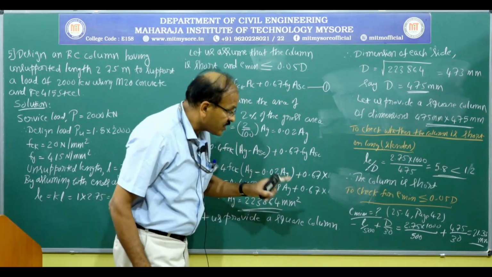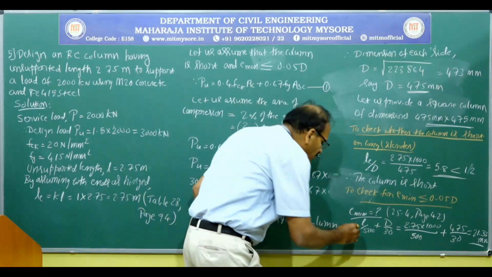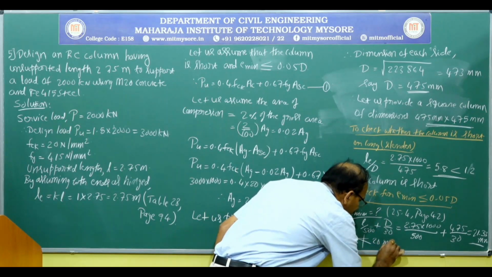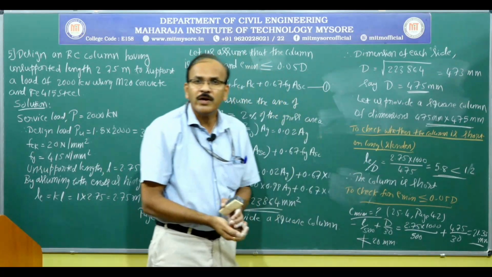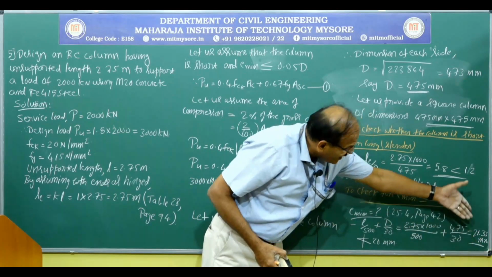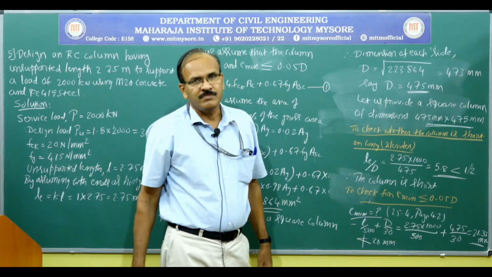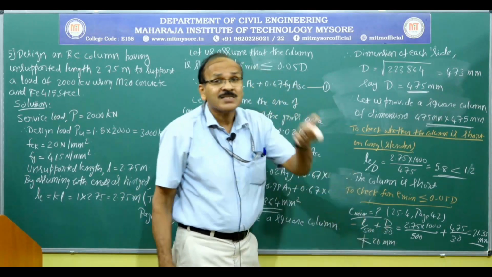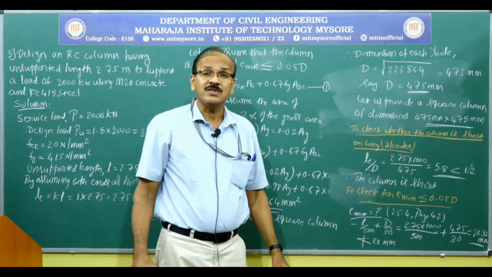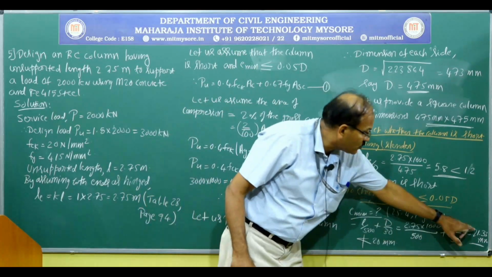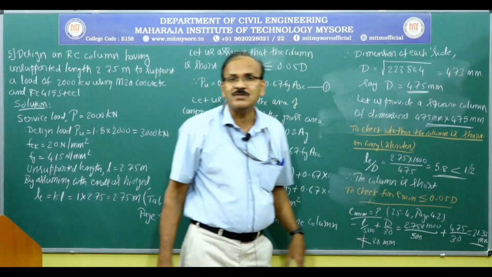And also the code says e minimum should not be less than 20 mm. What it means is, say this value instead of 21.33, say it is around 16 mm. Then we have to take 20 mm as the minimum eccentricity. In general, take the greater of these two values as the minimum eccentricity.